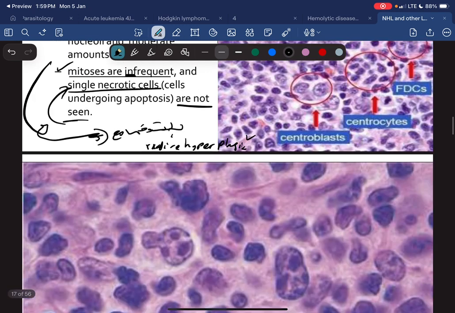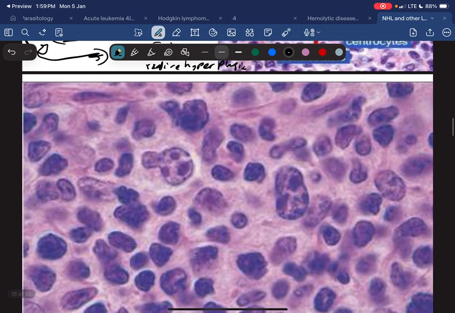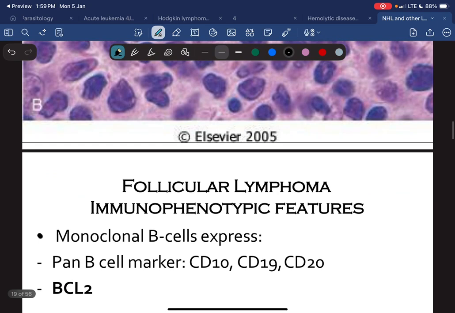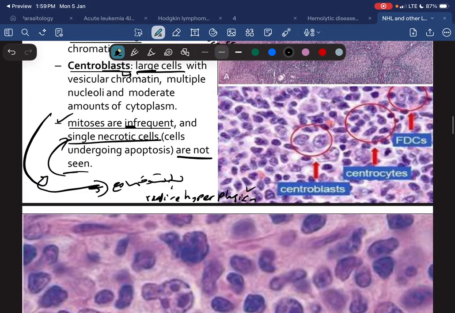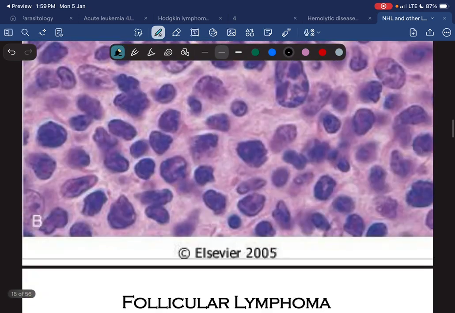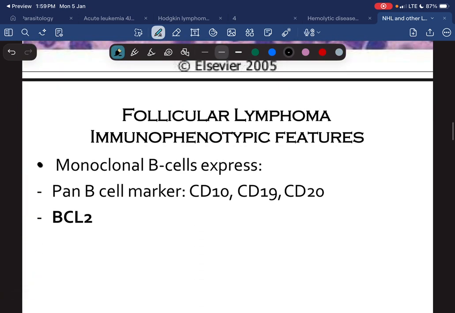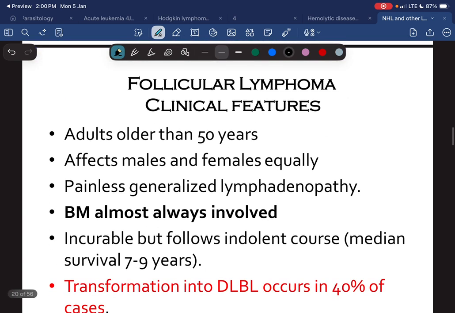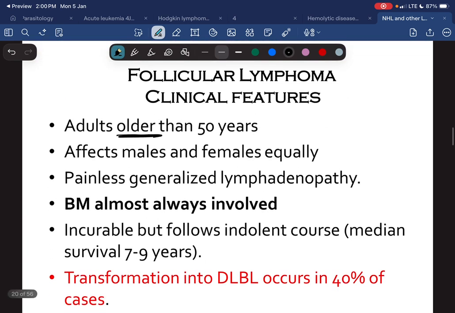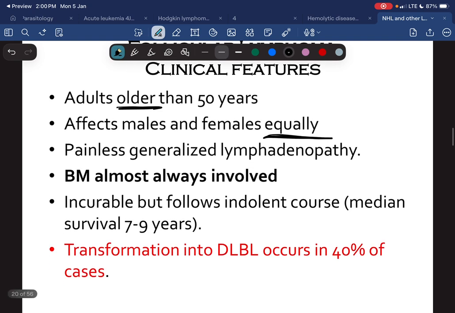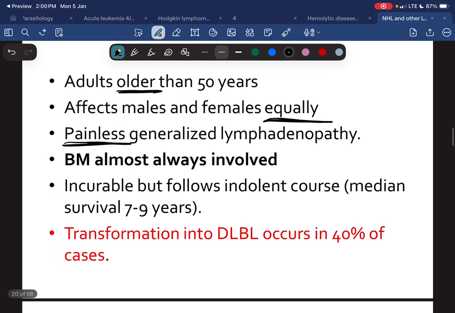The B cells in follicular lymphoma express CD10, CD20, CD19, which are pan-B cell markers, and BCL2, which is anti-apoptotic protein, أصلاً overexpressed in follicular lymphoma. Affecting older adults, males and females equally affected, painless enlargement of lymph nodes, the bone marrow almost always involved.